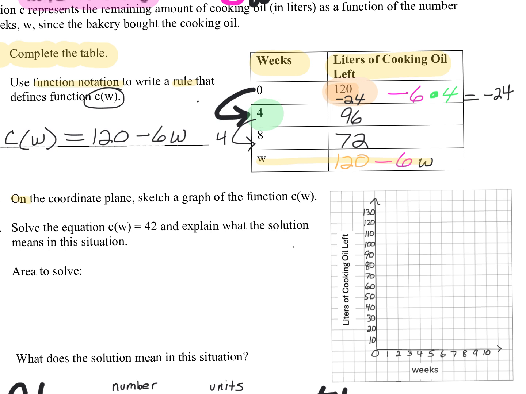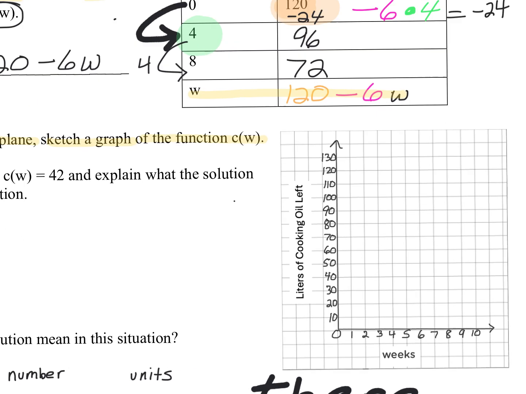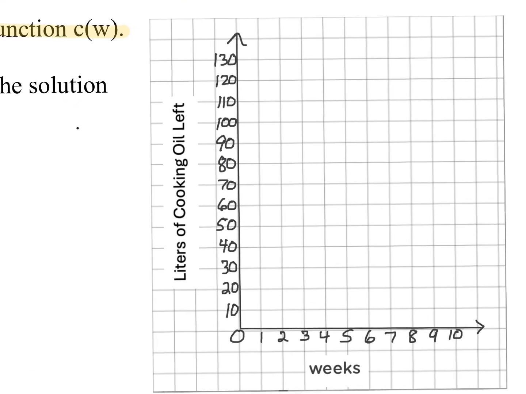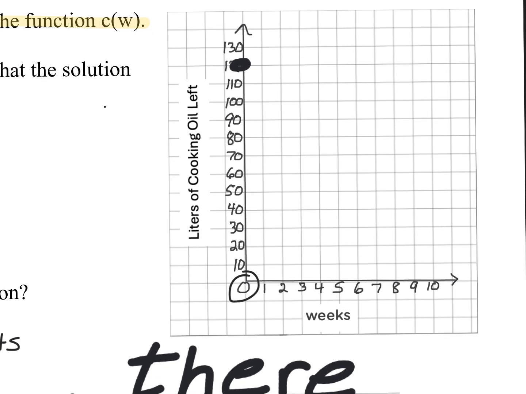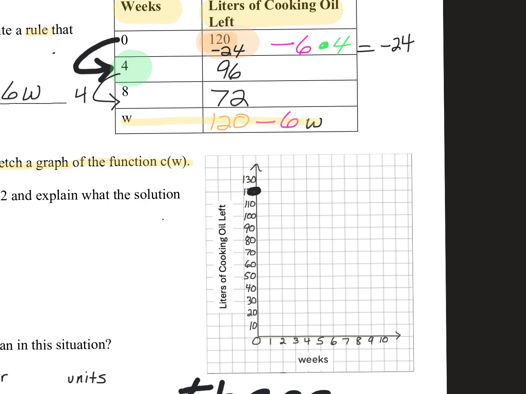Now it says on the coordinate plane, sketch a graph of the function. So I'm going to zoom in here, and our initial value, we start off with 120 liters on 0 weeks. Then if I go back up to the table at 4 weeks, we had 96 liters left.